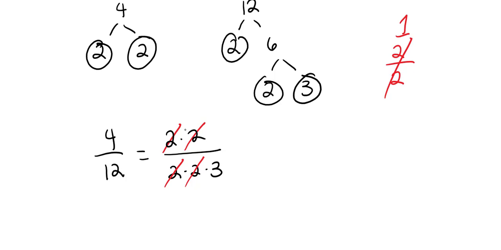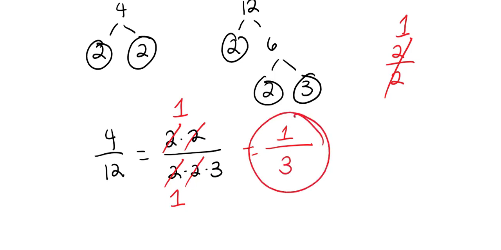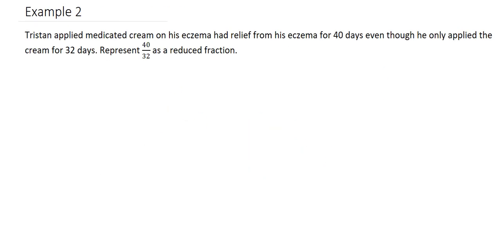On the top we just have 1, and then the bottom becomes 1 times 1 times 3, which is just 3. So a reduced fraction is just 1/3. We just divided the top by 4 and divided the bottom by 4, and we got 1/3. So let's look at the next example.